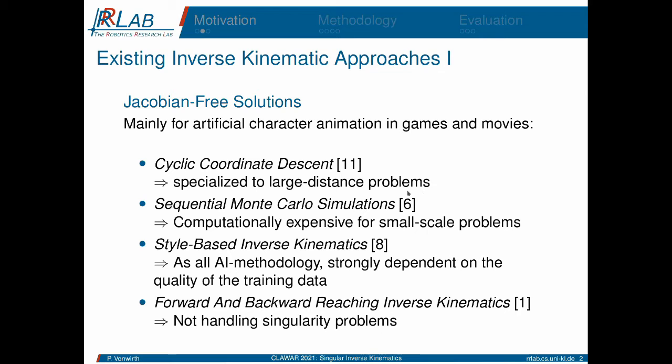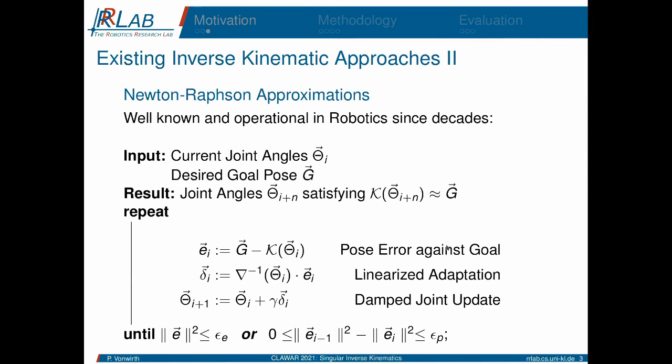There are Monte Carlo simulations, some AI methods, and also the forward-backward reaching inverse kinematics algorithm, which was invented especially for CGI applications to visualize artificial motions of creatures in films. But unfortunately, all these are, again, not dealing with this singular position.